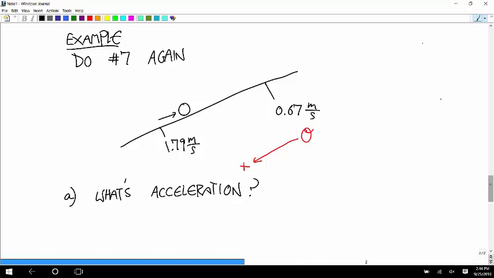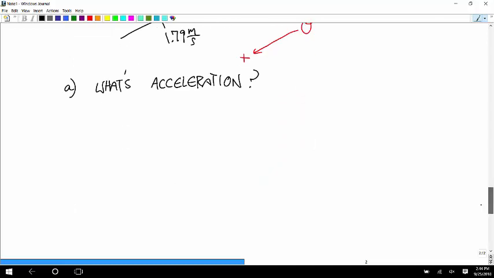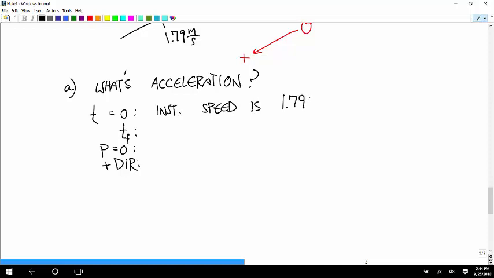Okay, so for this one, we're still going to make these choices. And time equals 0 still has to be the instant that the speed is 1.79 meters per second. That's the 4 miles per hour.